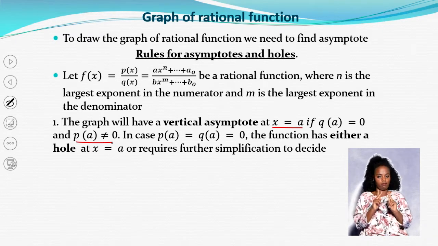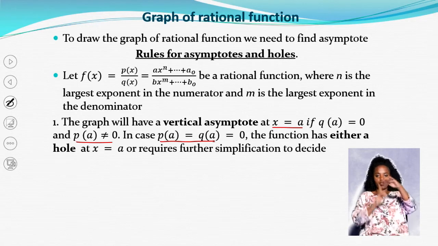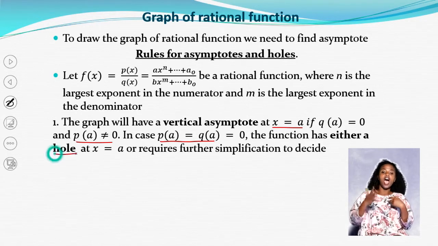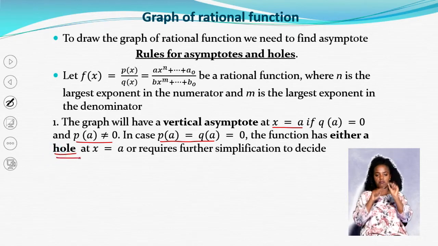In case this a makes both numerator and denominator 0, the function will have either a hole at x equals a or requires further simplification.